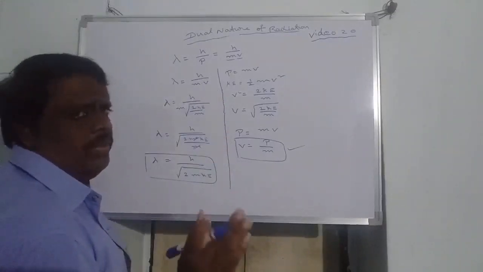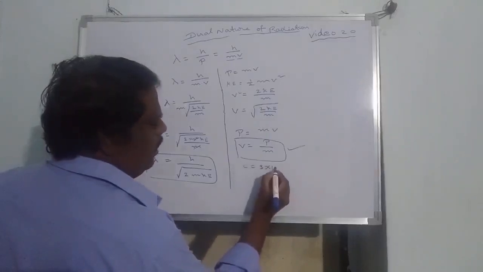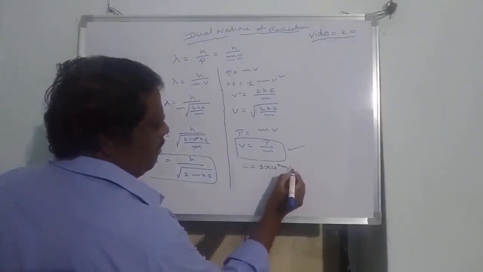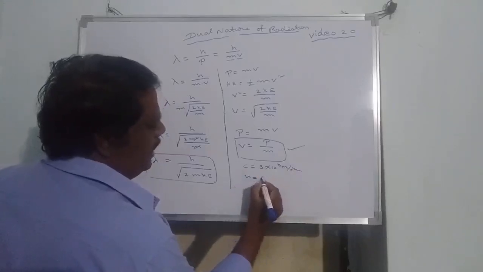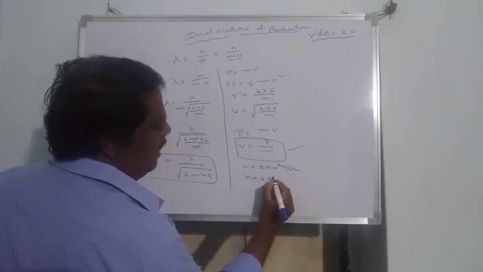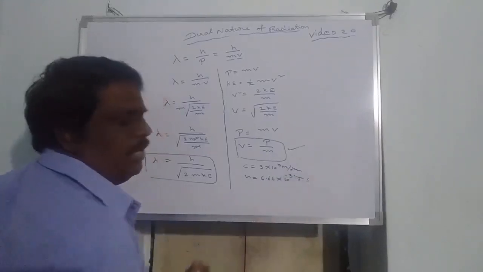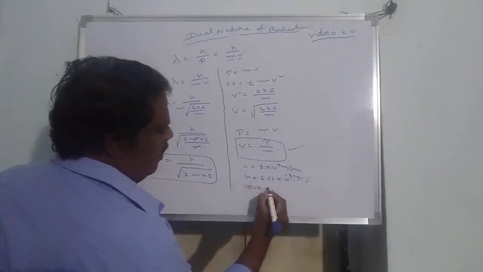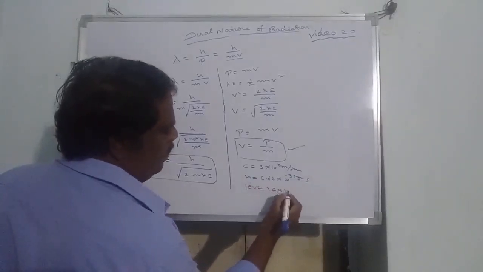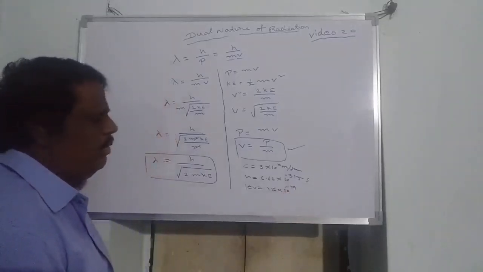So next problem, let us see. What are the terms we have to remember in this problem? C value is 3 into 10 power 8 meter per second, and Planck's constant 6.63 into 10 to the power of minus 34 joule second. Then 1 electron volt is equal to 1.6 into 10 to the power of minus 19 joules.